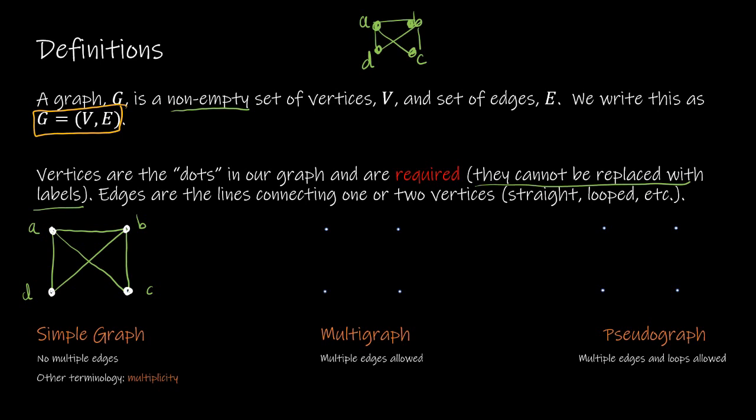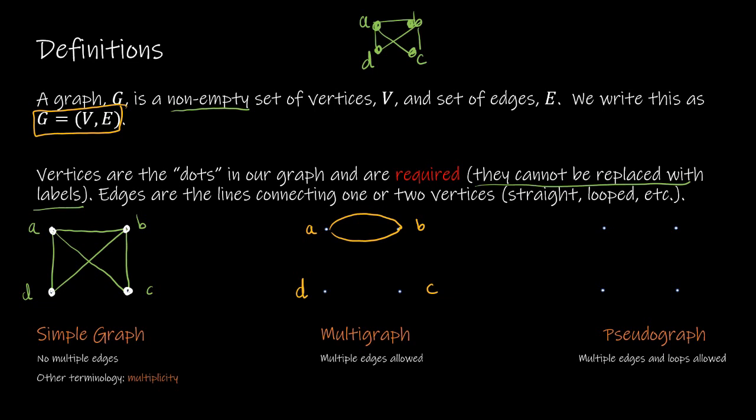So let's take a look at a multigraph. So again, we should have labels. Labels are important, otherwise the graph really has no context. And let's say A is connected to B more than once. Now you might be thinking, well, why would I connect a vertex to another vertex with more than one edge? Well, for instance, I live in Omaha.